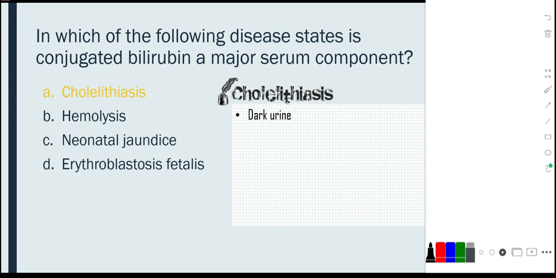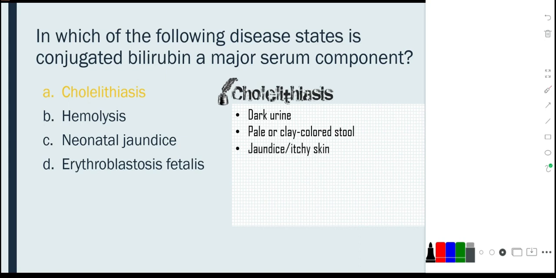Dark urine here is caused by the increased level of B2 in the urine sample. Again, patients with post-hepatic jaundice will have pale or clay-colored stool. Remember that it is stercobilin that gives color to the stool, and in cases of cholelithiasis and other causes of post-hepatic jaundice, stercobilin is not formed since B2 does not reach the small intestine.